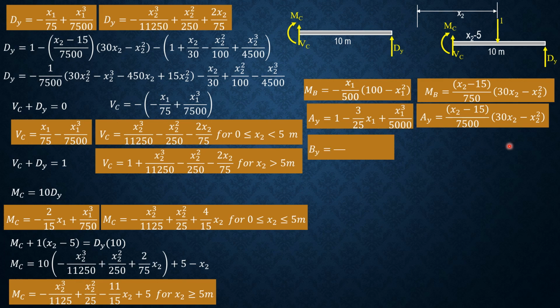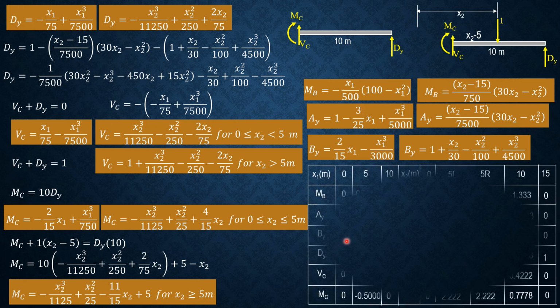Then let's also plot BY: 2 over 15 x1 minus x1 cubed over 3,000. In terms of x2, BY is 1 plus x2 over 30 minus x2 squared over 100 plus x2 cubed over 4,500. So everything is here, so we can easily plot.